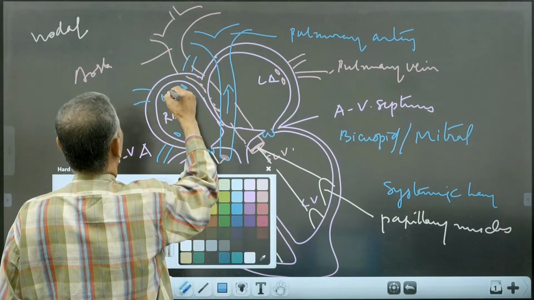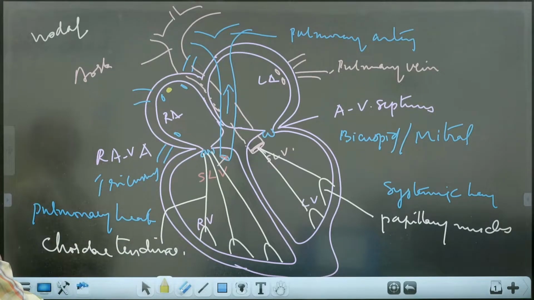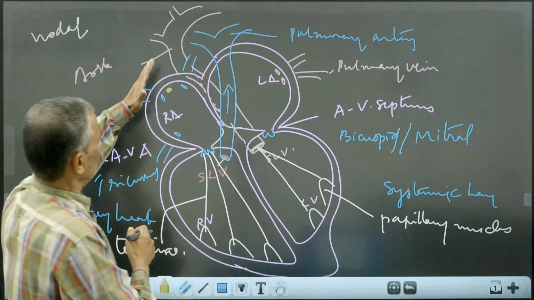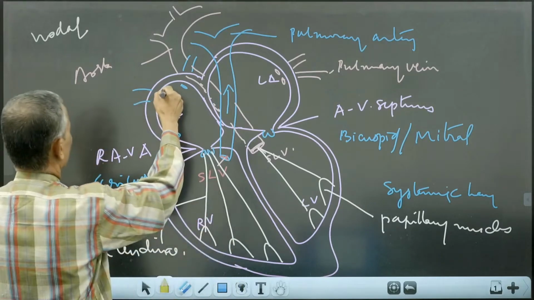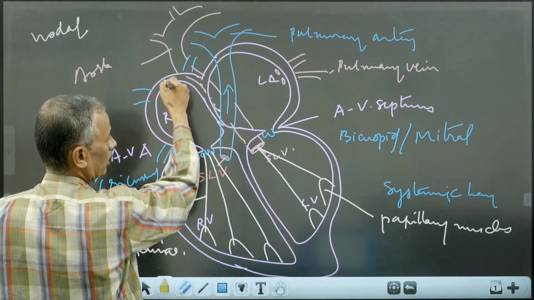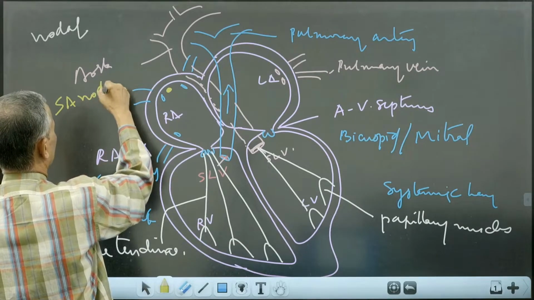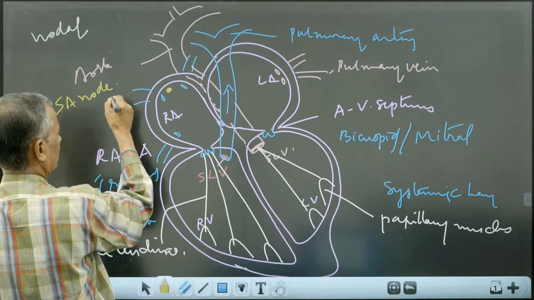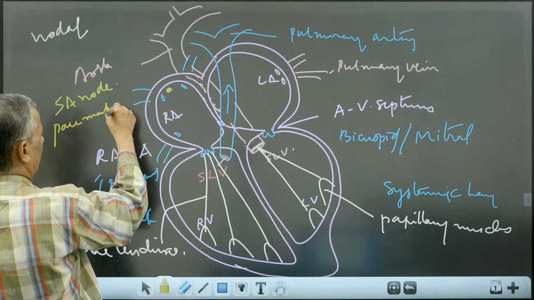One, lying close to the opening of the vena cava on the top right hand side of the right atrium. You have a small node called SA node. This is the heart of the heart. So it's called the pacemaker.